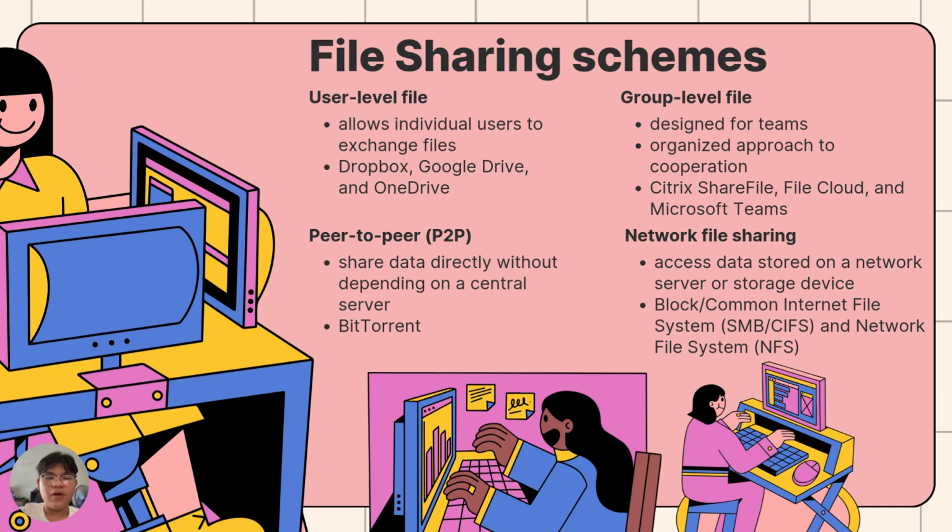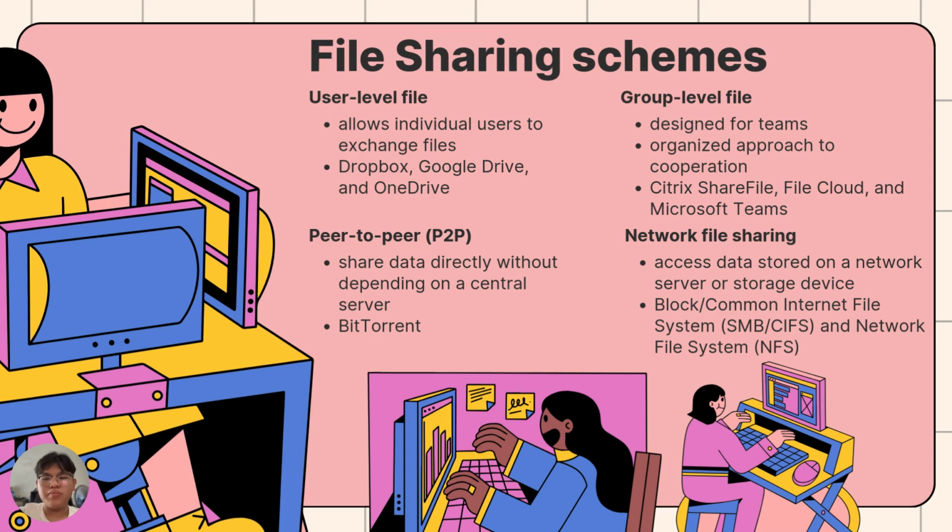The next is the file sharing scheme. There are four types for this scheme: the first is user level file sharing, then group level file sharing, peer-to-peer, and network file sharing. The first, user level file sharing, allows individual users to exchange files with others without needing the receivers to have an account on the same platform or system.